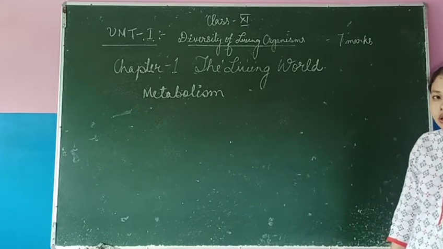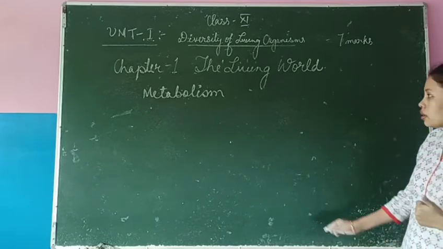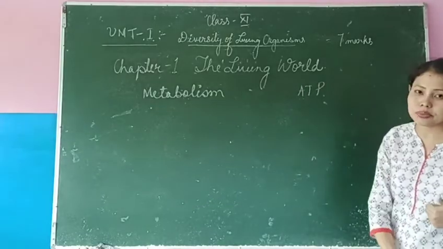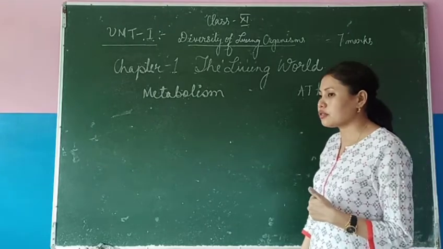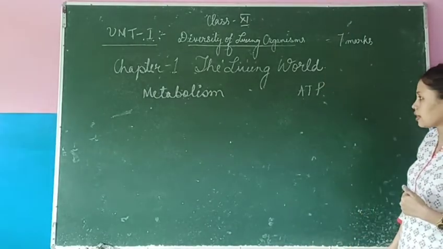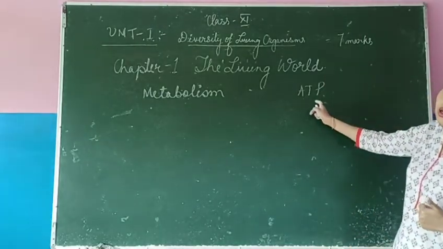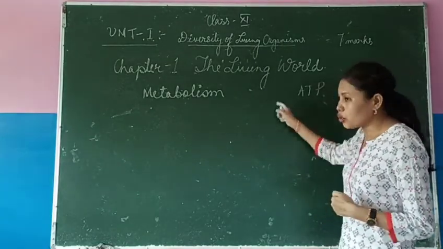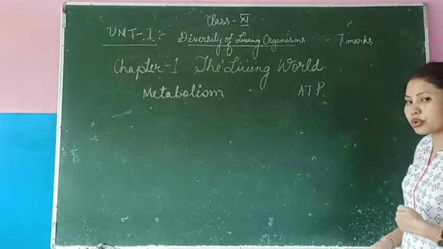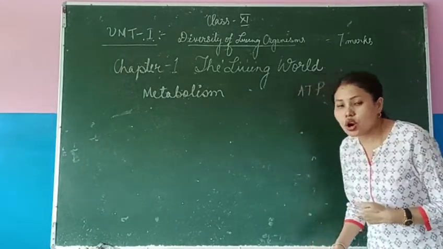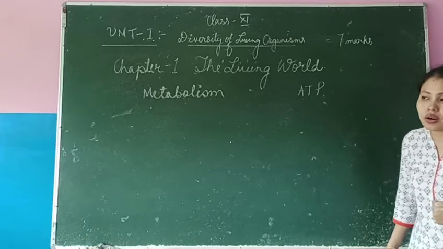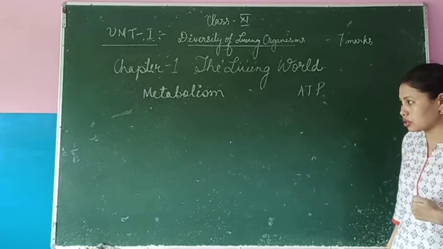What is the energy currency in our body? Nothing but ATP. What does ATP stand for? ATP stands for adenosine triphosphate. This is the energy currency in our body. It is produced by a process called respiration, or more precisely cellular respiration or aerobic respiration.